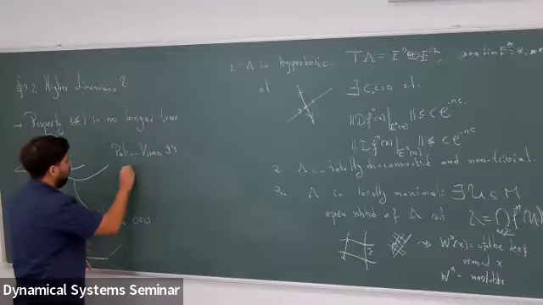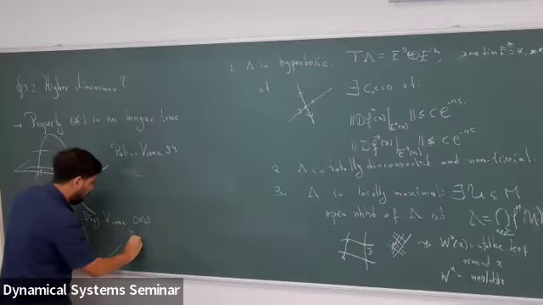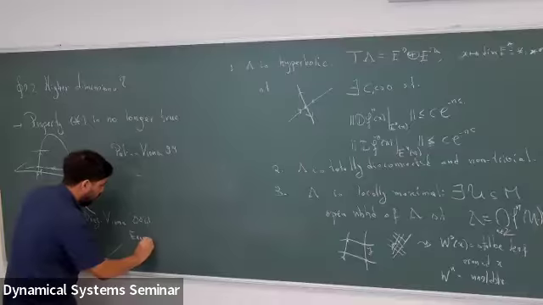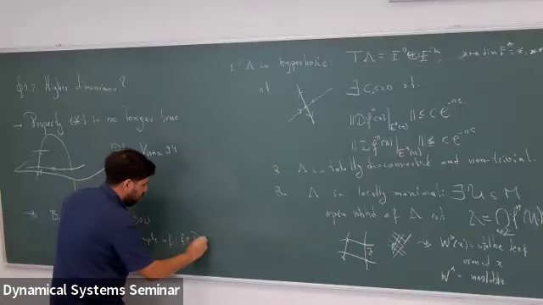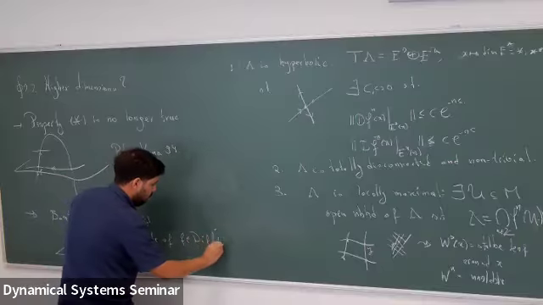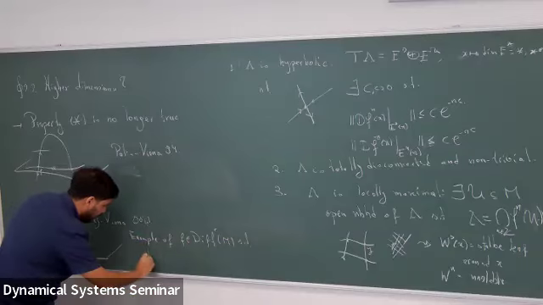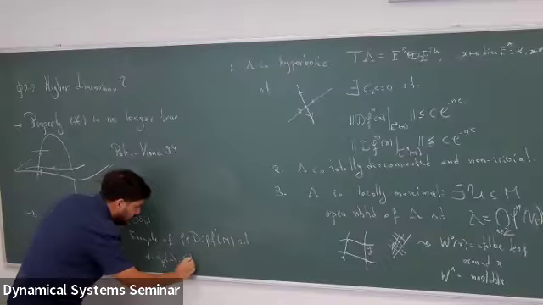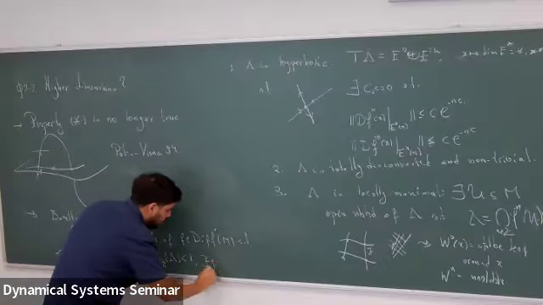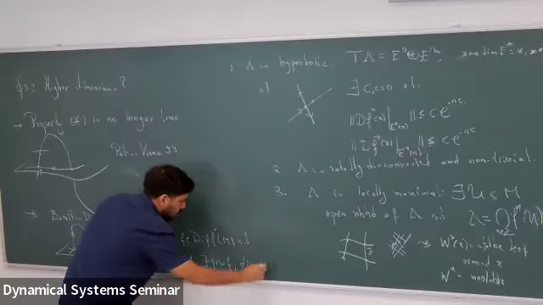So, for example, we write here, for example, of F such that with horseshoe, such that the Hausdorff dimension of lambda is smaller than 1, and there exists G as close as you want of F, such that the Hausdorff dimension jumps.